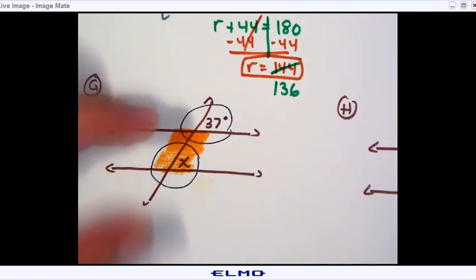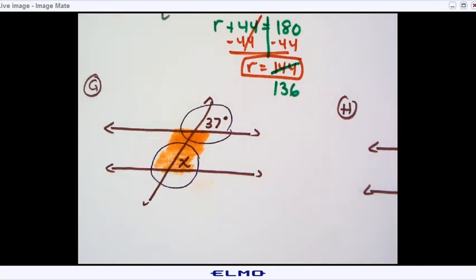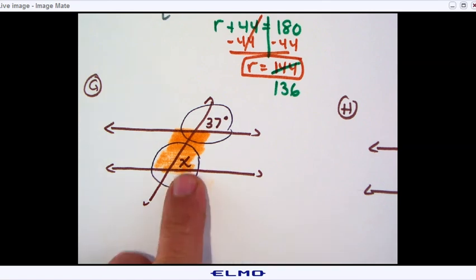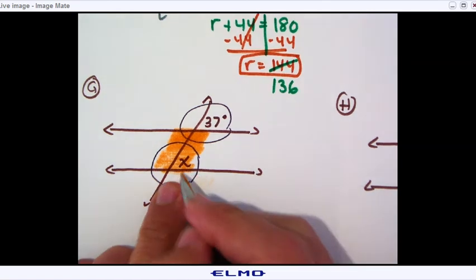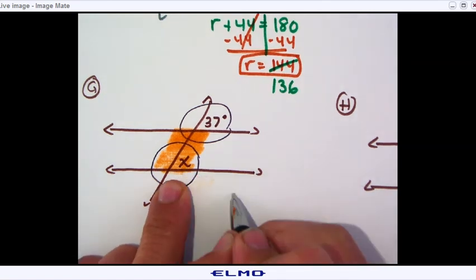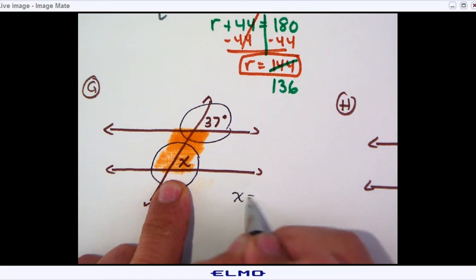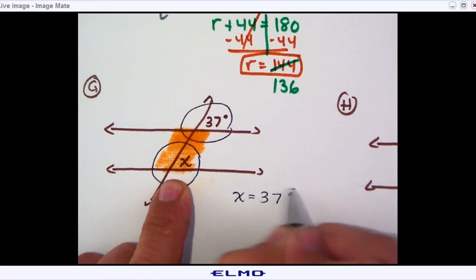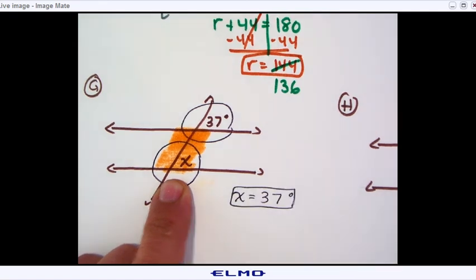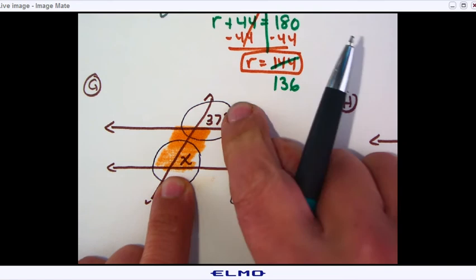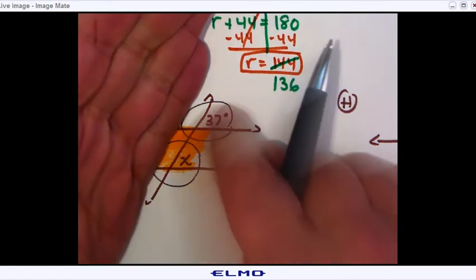So if you take out the top circle, where would the 37 fall? It would fall on top of the X, right? So that means the measurement of X is 37 degrees. You don't even have to do any work, because they're on the same side.